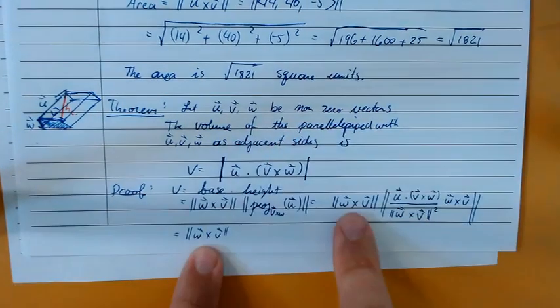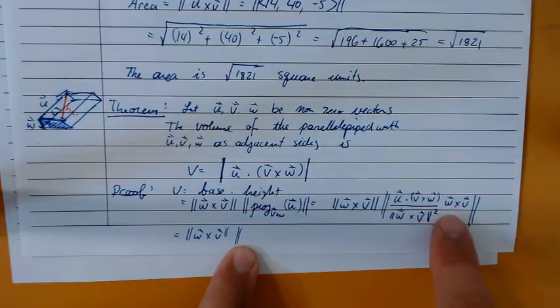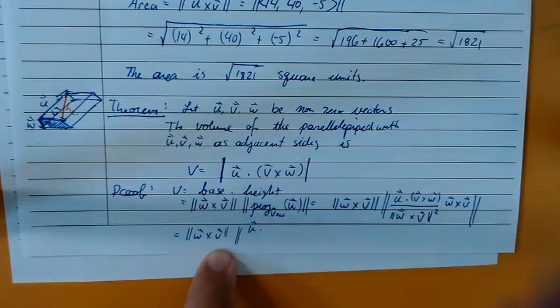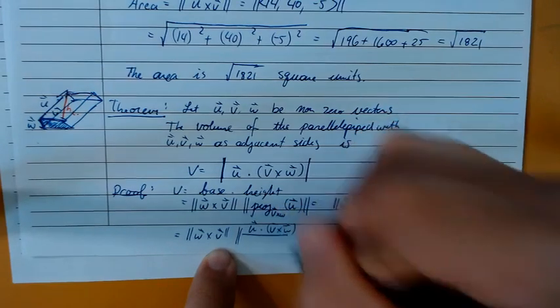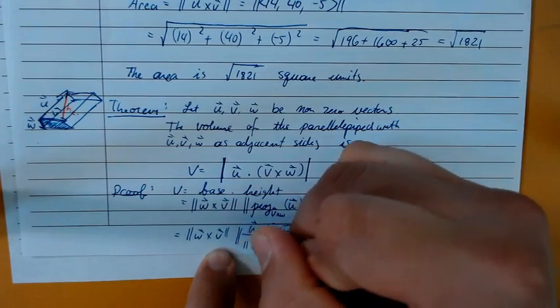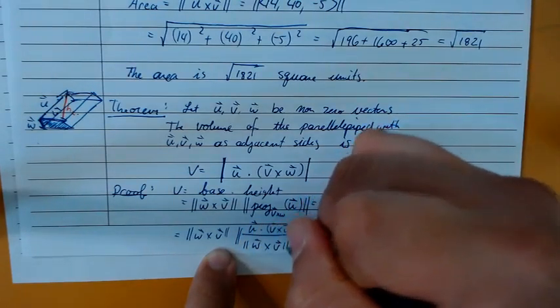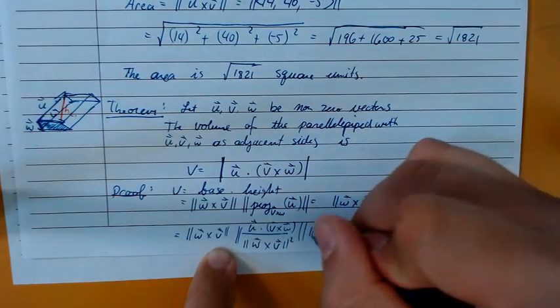I've just left that alone. Over here, the magnitude of this times that is really just the magnitude of this times the magnitude of that. So that'll be u dot v cross w over the magnitude of w cross v squared times the magnitude of w cross v.